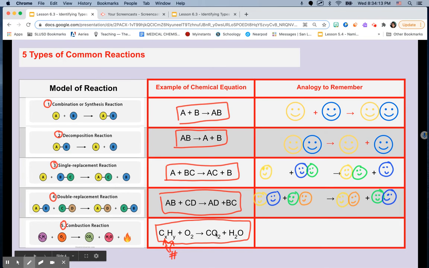And when you combust something, you will always form CO2 and H2O along with energy from fire, right? So some of you might be like, wait, how is there water when you start a fire? And that's because the fire is so hot, it generates so much energy that you don't see the water vapor that comes off, right?